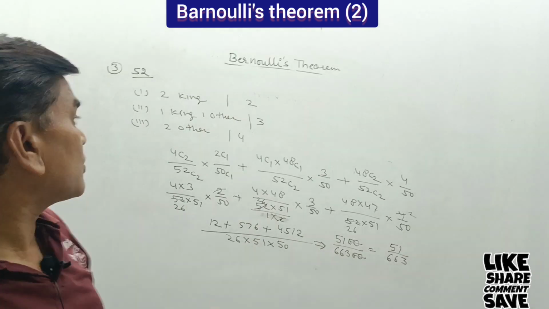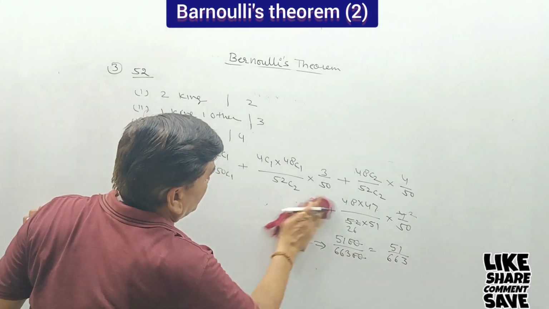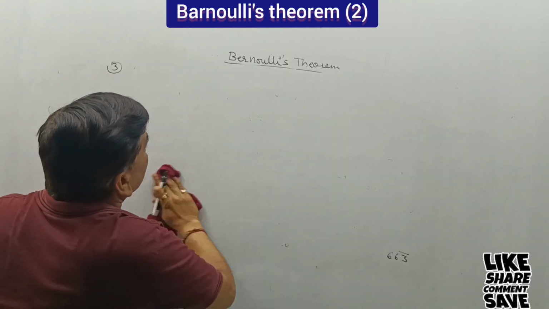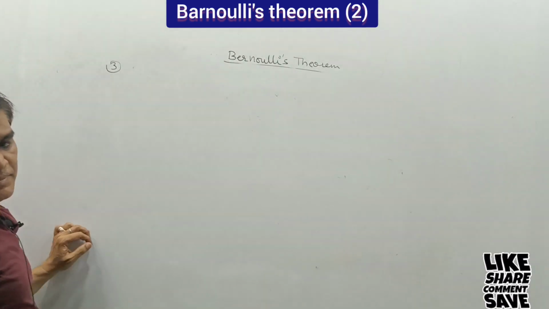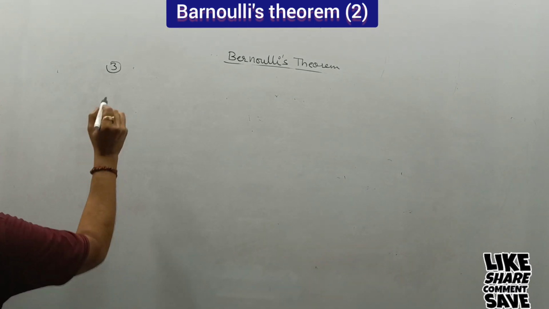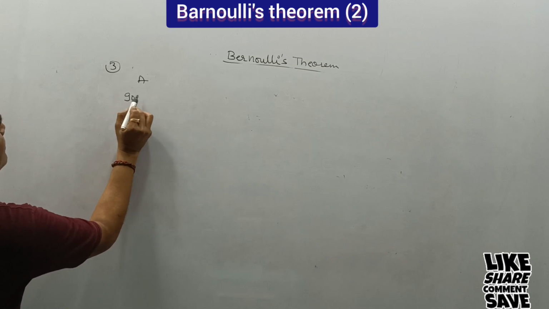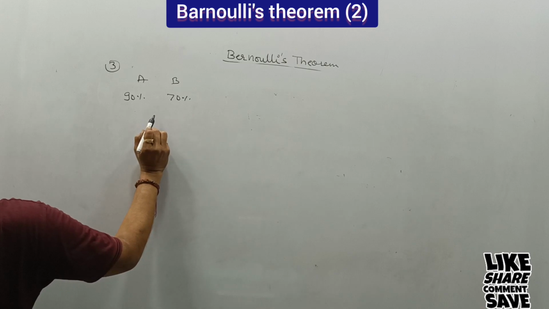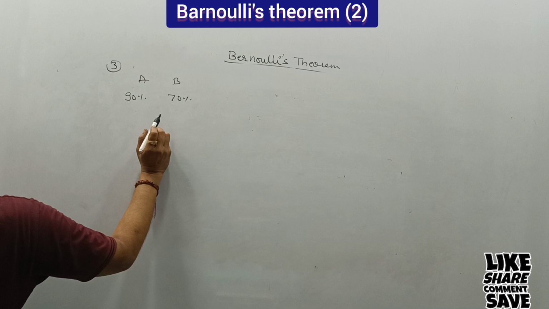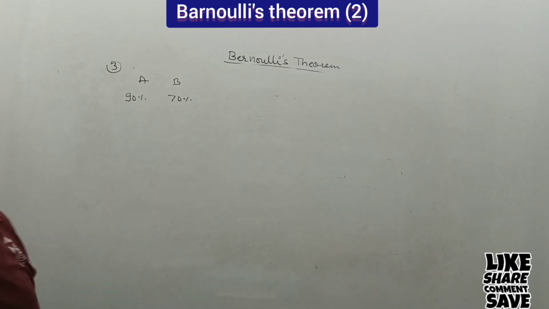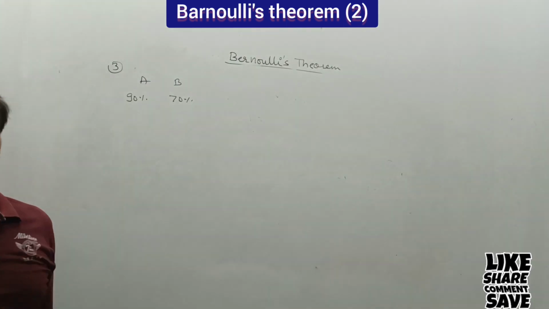Now another question. A can solve 90% of the questions and B can solve 70% of the questions. What is the probability that if a question is given to A and B, at least one of them will solve it?